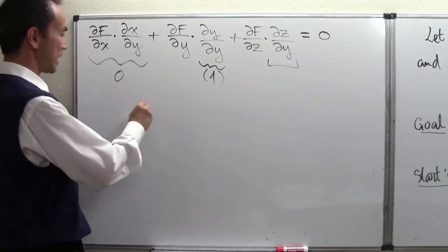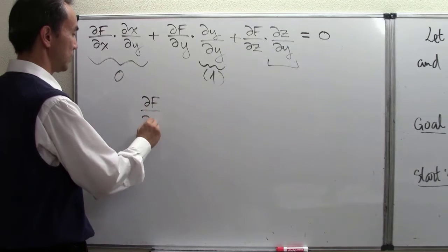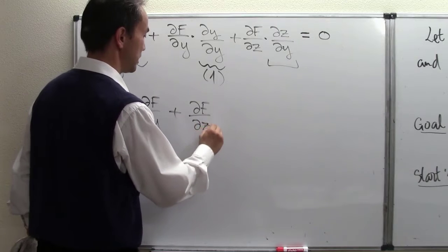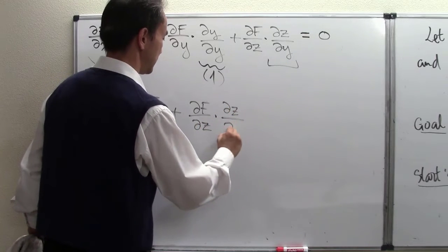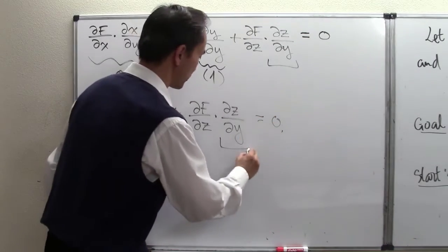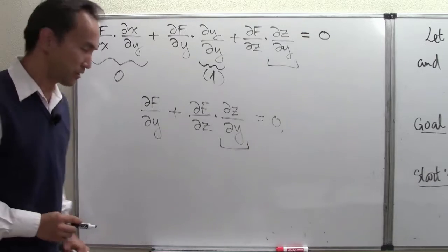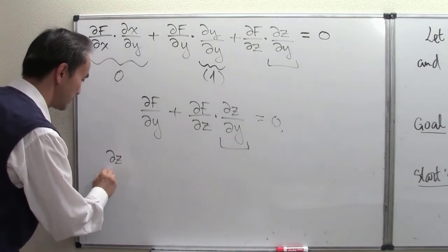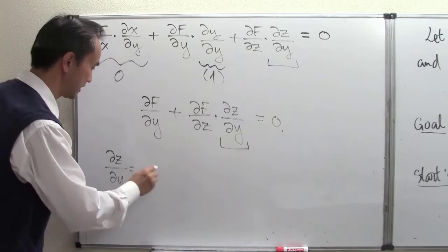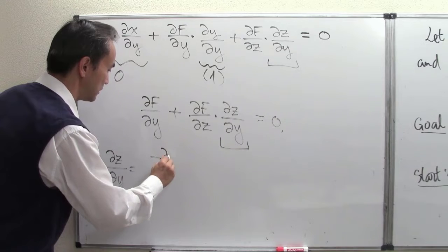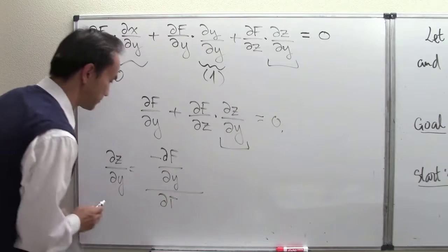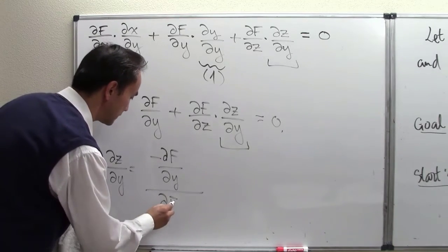In my next step, I have the following: df dy times 1 plus df dz times dz dy equals 0. And so yes, this is our goal right here. We want to solve for that. And so now I'm looking at dz dy, rearranging this equation algebraically. I'm looking at minus df dy over df dz.